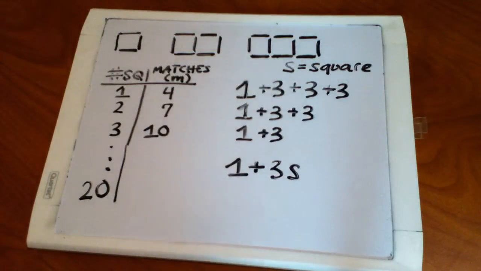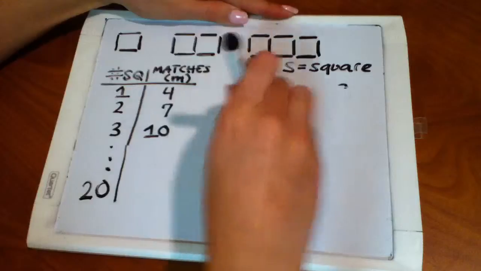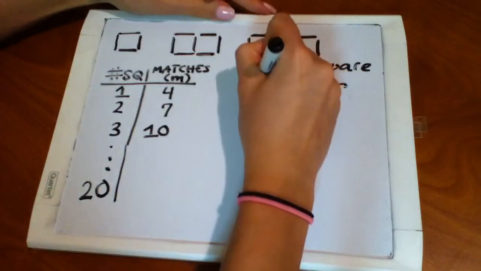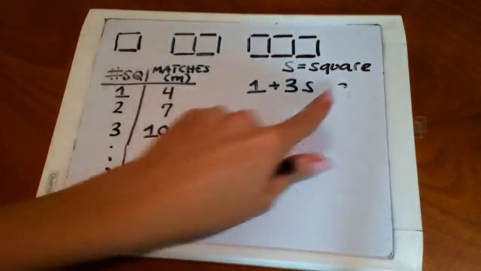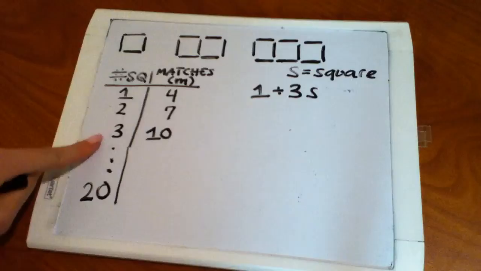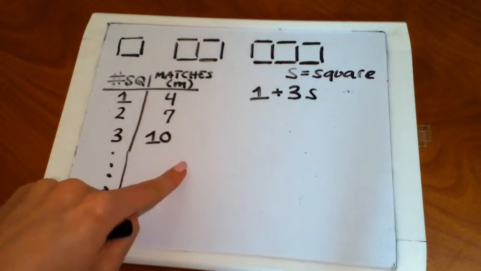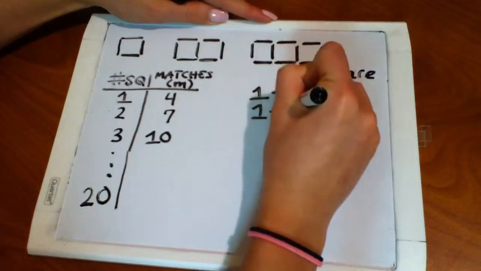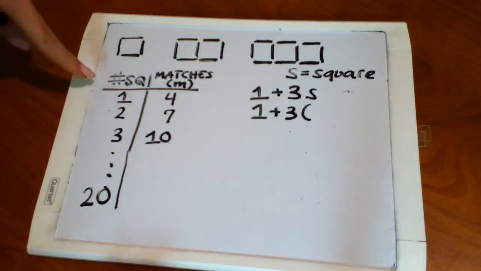So the only way to see if this works is to test it. So let's rewrite it up here: 1 plus 3S. First, let's test it on our numbers here. Let's see if when we plug in our amount of squares, we get the same answer. So we'll do the first one. 1 plus 3 times, and our number of squares is 1.